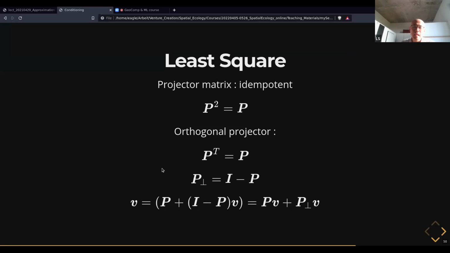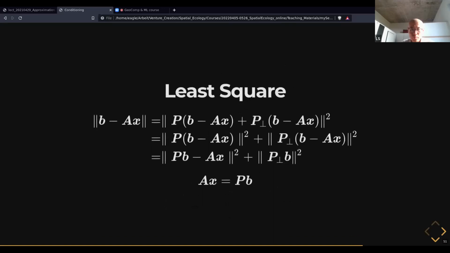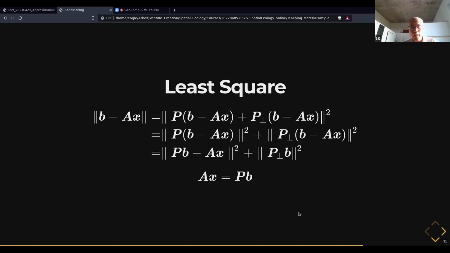In other words, if you have an orthogonal projector matrix, you can carve this vector into two parts, and each of them will be used to project this vector into the corresponding complementary perpendicular space. If you carry this notation into our system, as we did before, you arrive at this equation. This equation is important not because it is a projector matrix, but because of the interest to figure out what the projector matrix is.